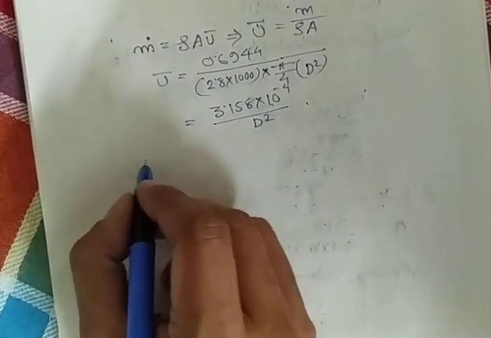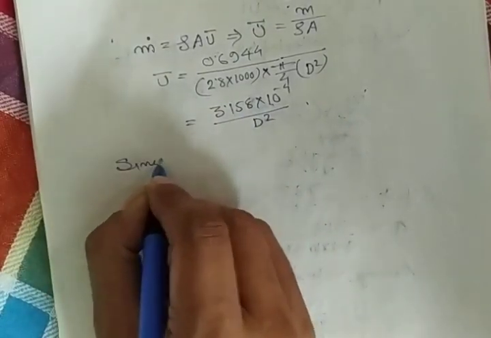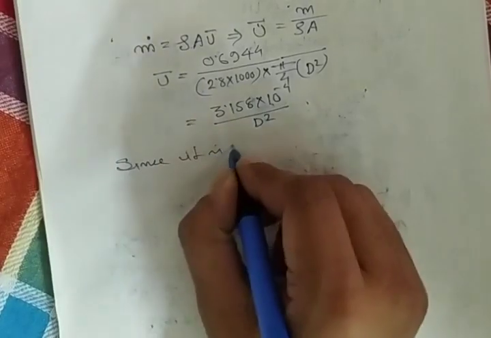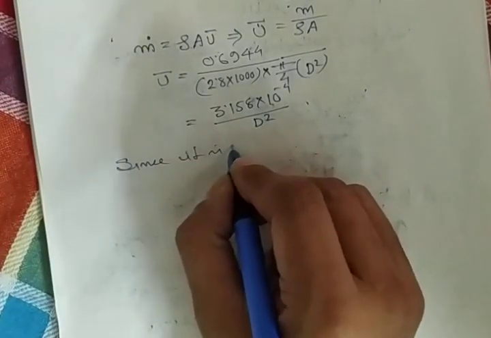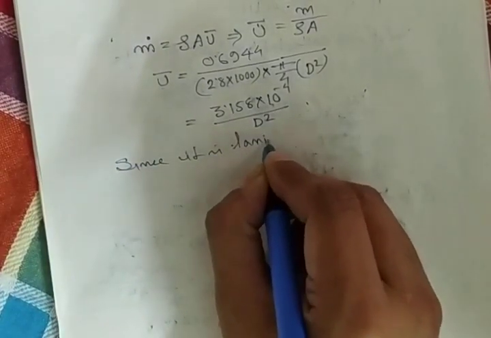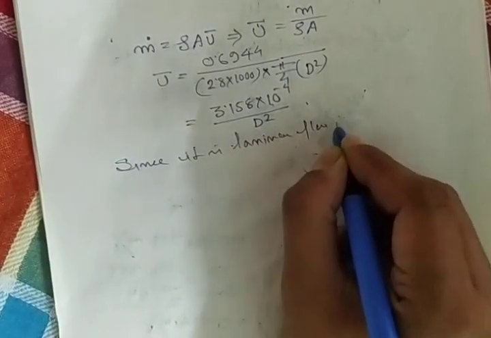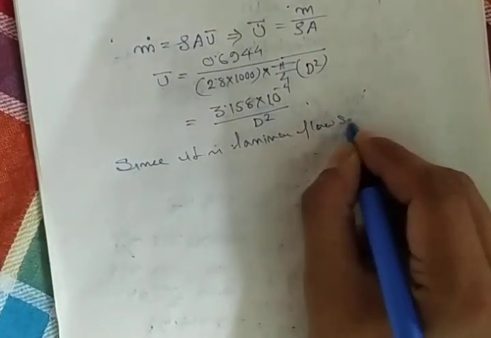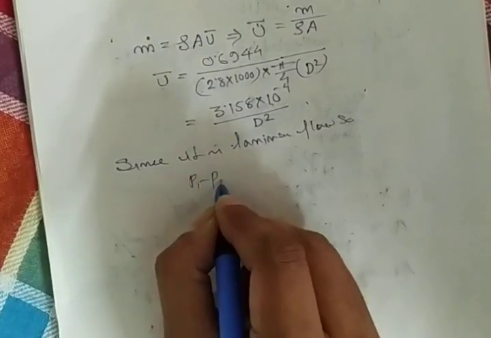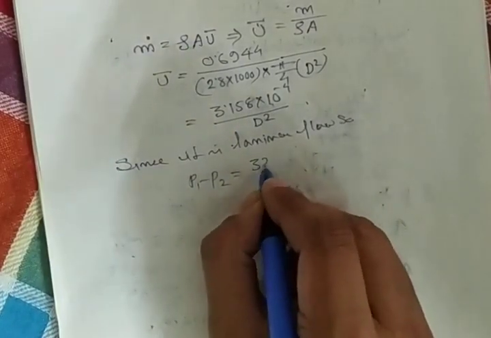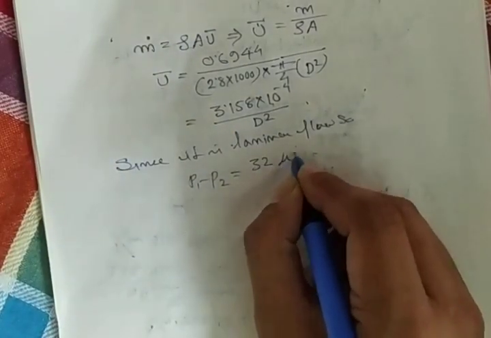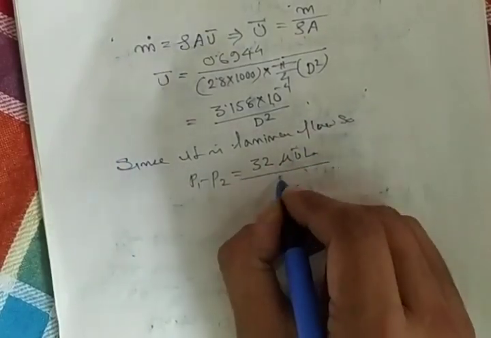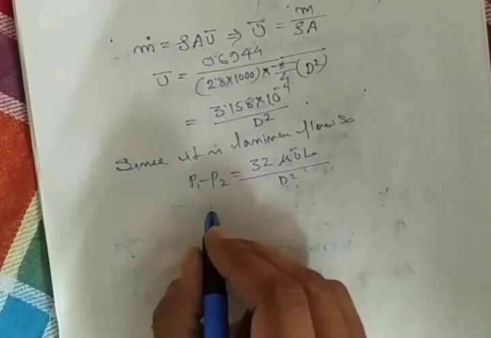Since it is a laminar flow, P1 minus P2 is equal to 32 mu u bar L divided by d square.